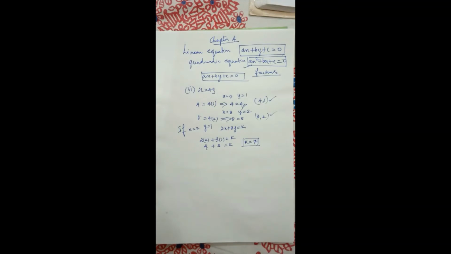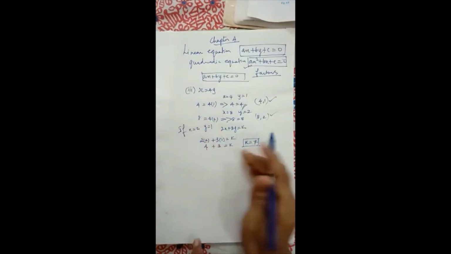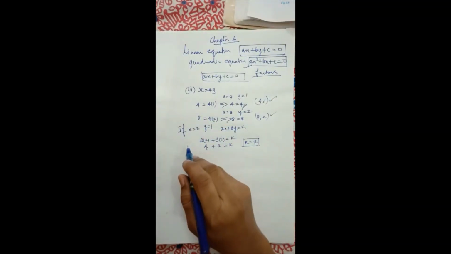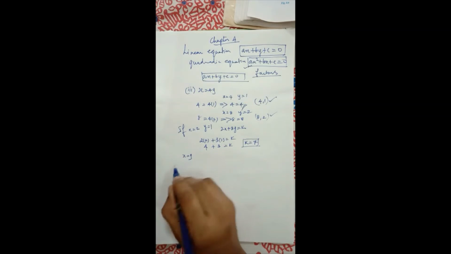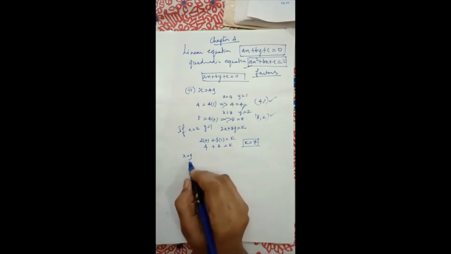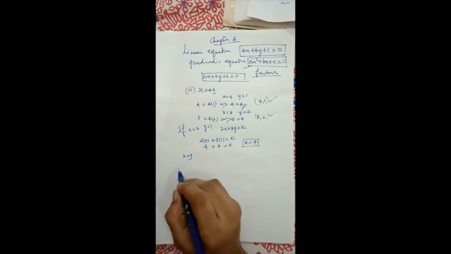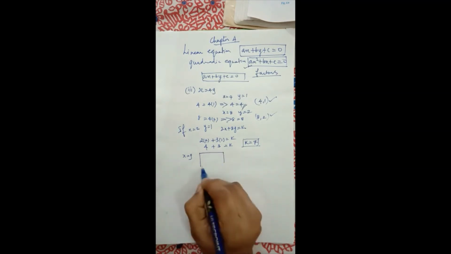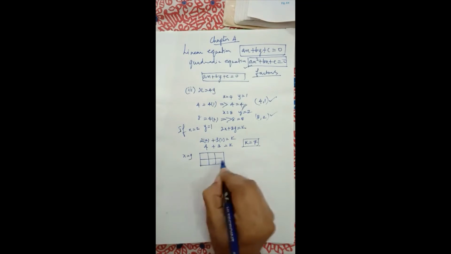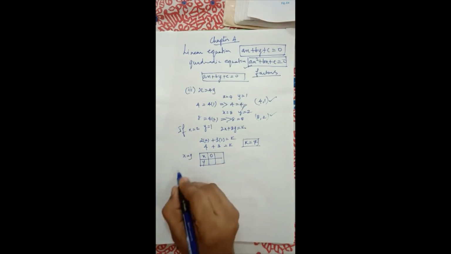Is it clear students? Students, listen, next, for example, if one question is there, draw the graph. Example, take x is equal to y. Draw the graph of this given equation. For this you have to put x is equal to 0, then y is equal to 0.